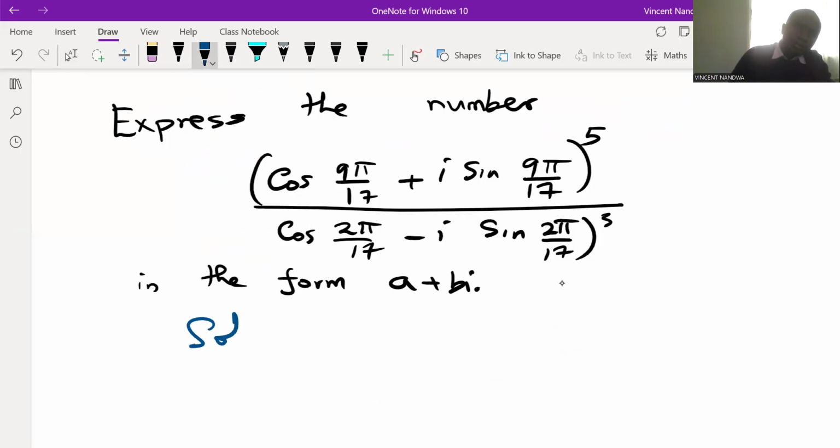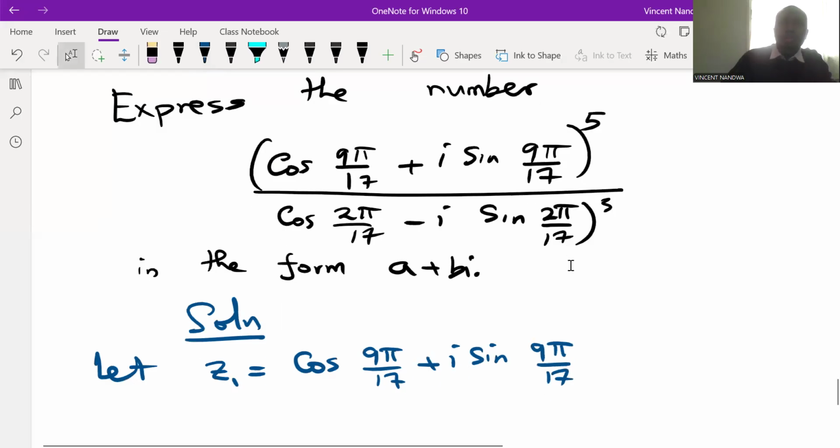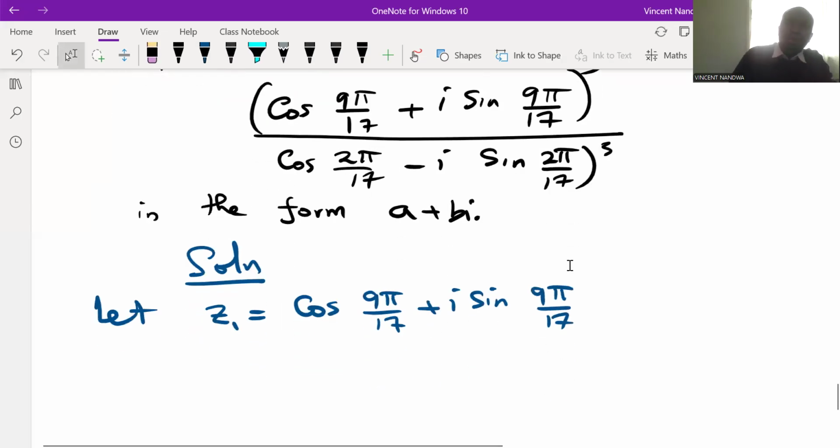So solution. So we can let Z1 be cos 9 pi over 17 plus I sine 9 pi over 17. I remember this power is 3.